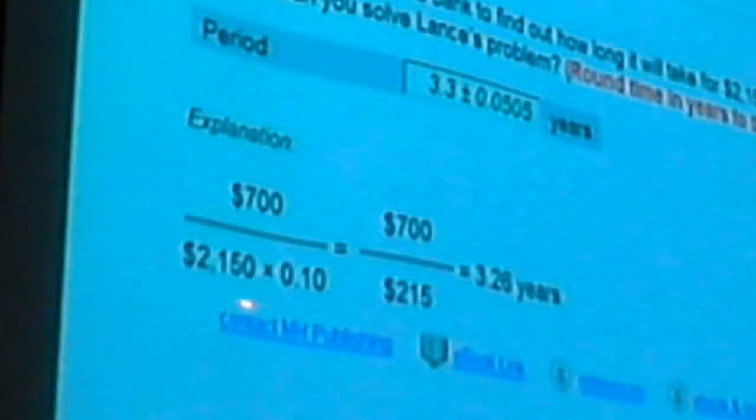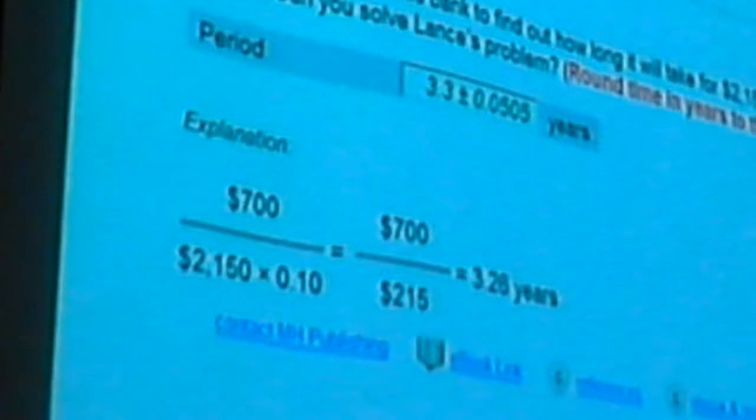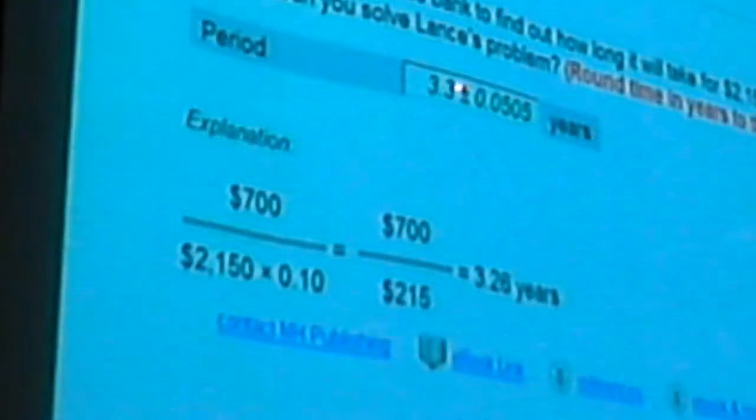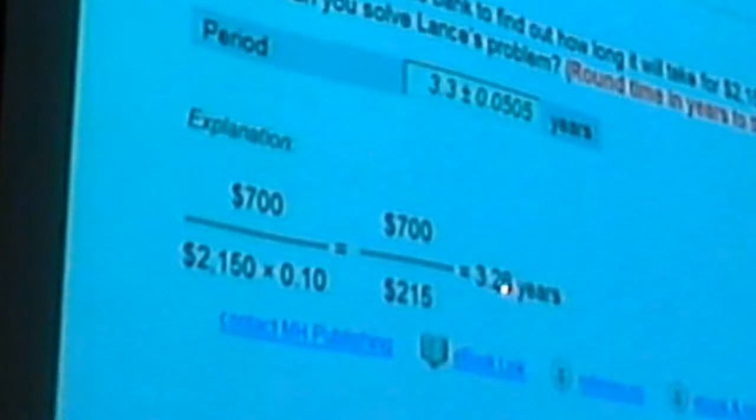So second step here, 700, and then 2150, you just take 10% of that, times 20, and you get 215. And now it's very simple. At the end, you get 3.26, and if you notice, they rounded it up to 3.3, the nearest tenth, because the 6 is higher than 5, right? Okay, no surprise with that one.